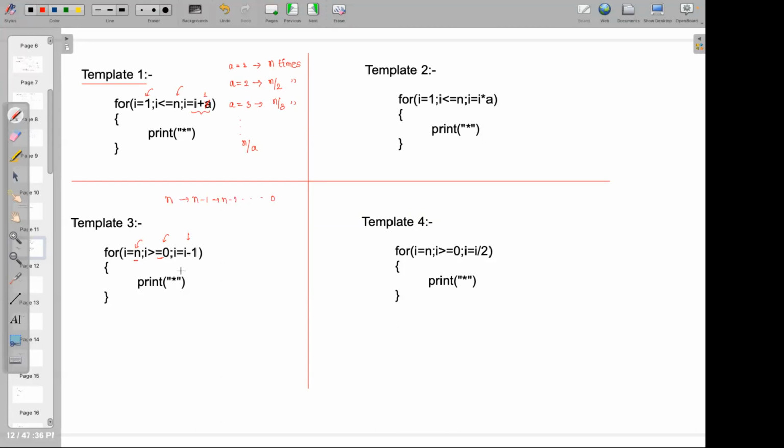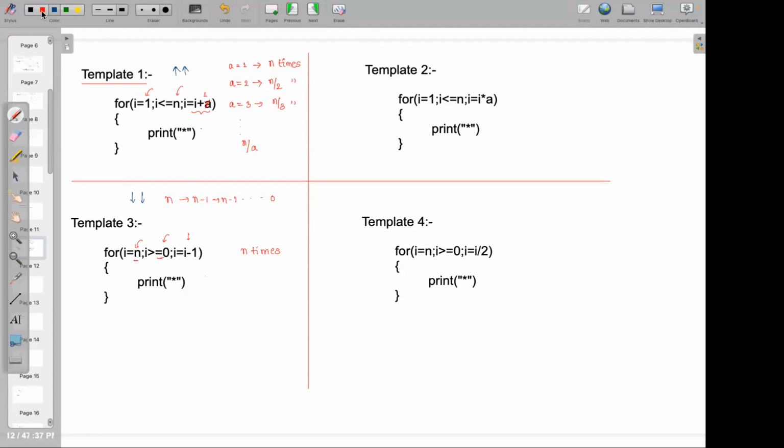This also runs n times. One is increasing and the other is decreasing, because you have taken n, then n minus 1, n minus 2 up to 0, but the number of times the loop runs is the same in both cases.